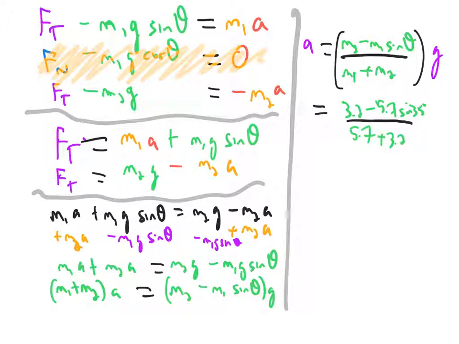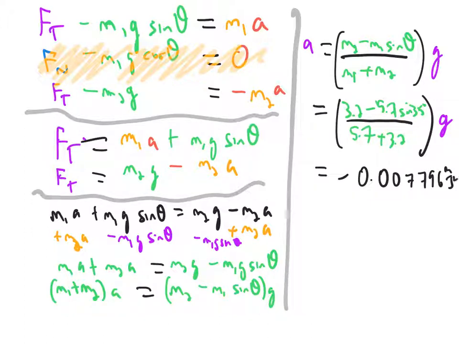And I am definitely cheating here a little bit, but I know that the kilograms on the top and the kilograms on the bottom are going to cancel out, so I'm not writing them out. And then throwing this into our calculator, we get negative 0.007796 meters per second squared, which, rounding to two significant figures, is 0.0080 meters per second squared.